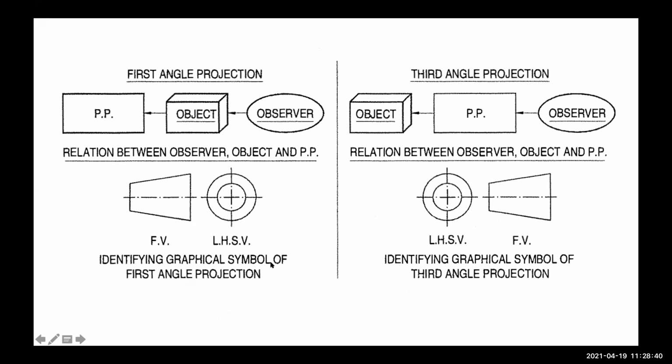This is the graphical symbol of first angle projection method, and this is the graphical symbol of third angle projection method. Is that clear to all of you, this part? Yes, sir. Okay. Now we will move on to the next slide.